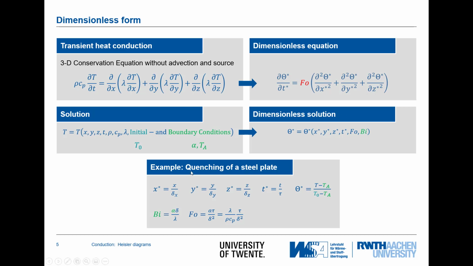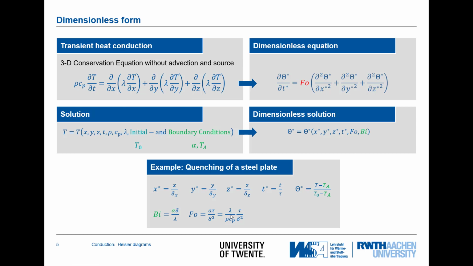So for the example of a quenching steel plate, we had introduced the dimensionless parameters depending on the thickness of the plate, and dimensionless time. Now the theta parameter, so the dimensionless temperature, as mentioned, is the temperature being dependent on the initial temperature difference between the body and the ambience. The Biot number is alpha times delta divided by lambda, so the resistance outside divided by the resistance inside the body, and of course also the Fourier number.